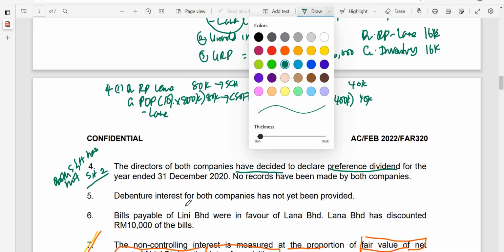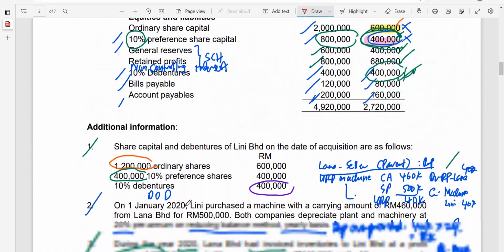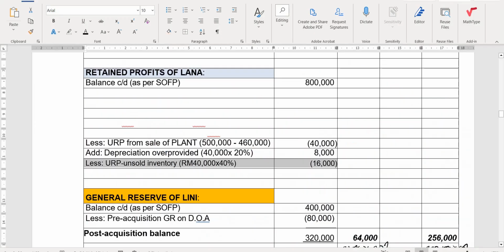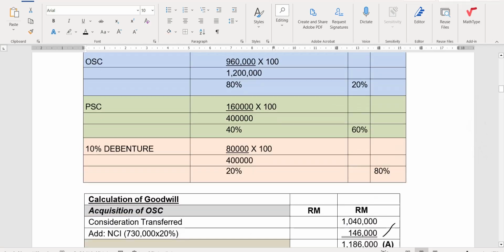However, you need to be careful that some of this dividend belongs to the parent. So you need to also recognize the share of the parent, since the parent has not recognized that. So the parent will have to credit the retained profit with the share of the dividend. Remember, the share of the dividend in Lini is going to be based on the percentage acquired. So earlier on we have already calculated the percentage acquired here, and it was 40%.